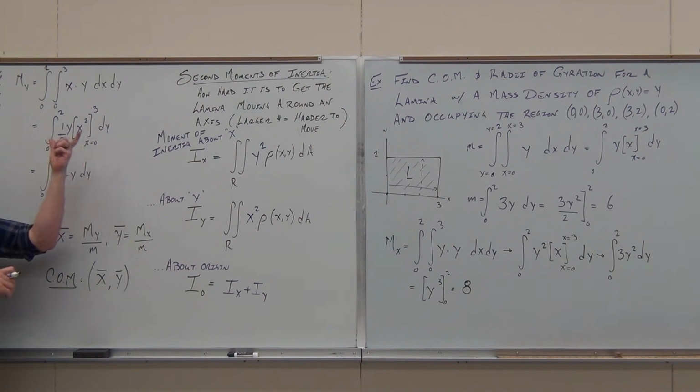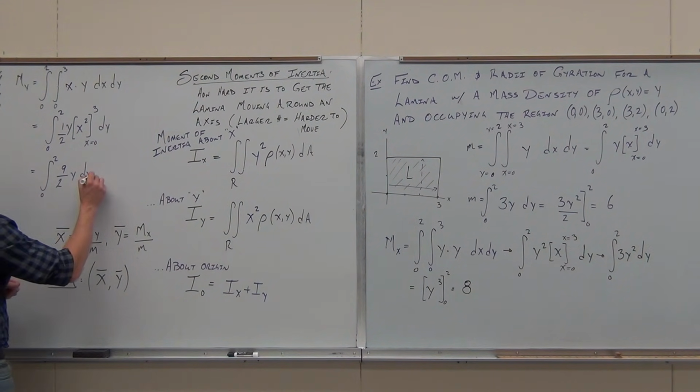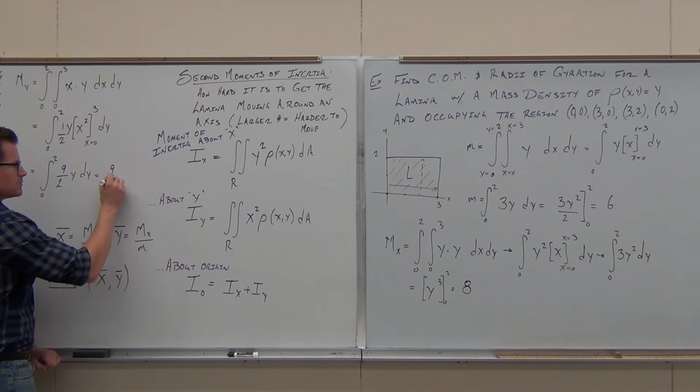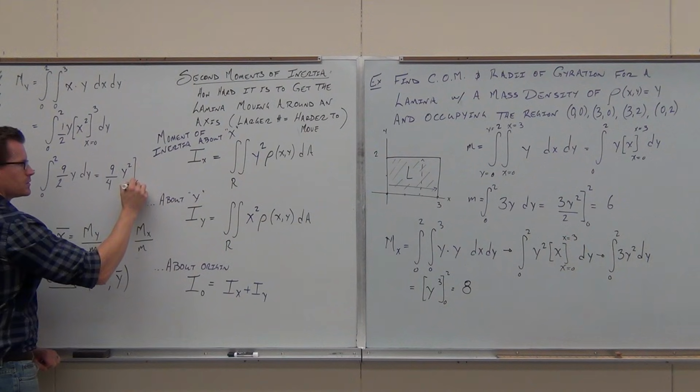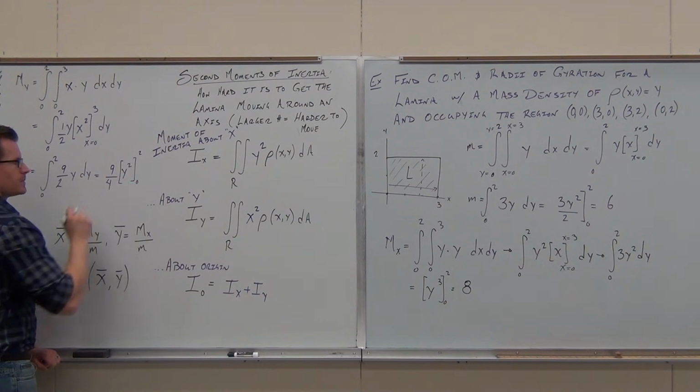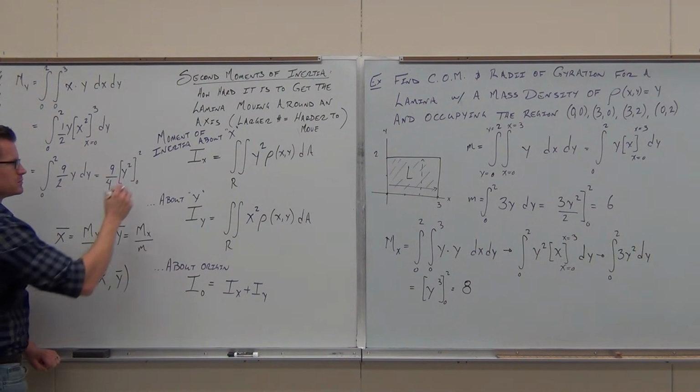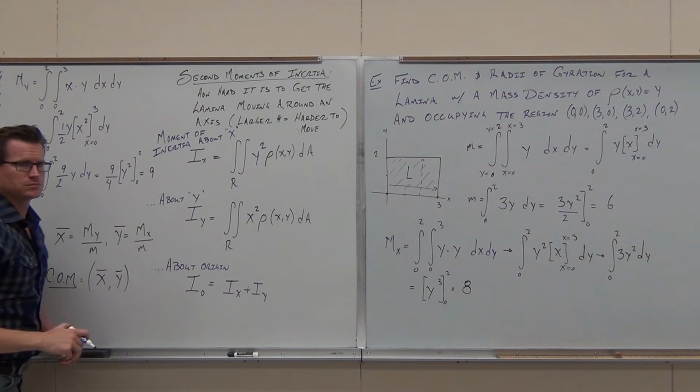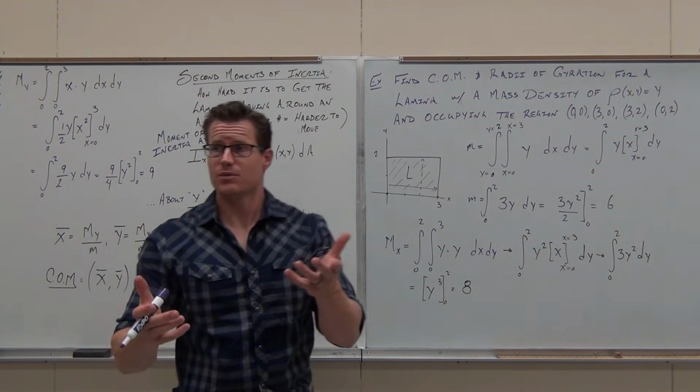Sure. 9 minus 0 is 9 halves, 9/2 y dy. And if we integrate that, we're going to get what? 9/4 y squared, from 0 to 2. What's that become? 9. Beautiful. Not so bad.